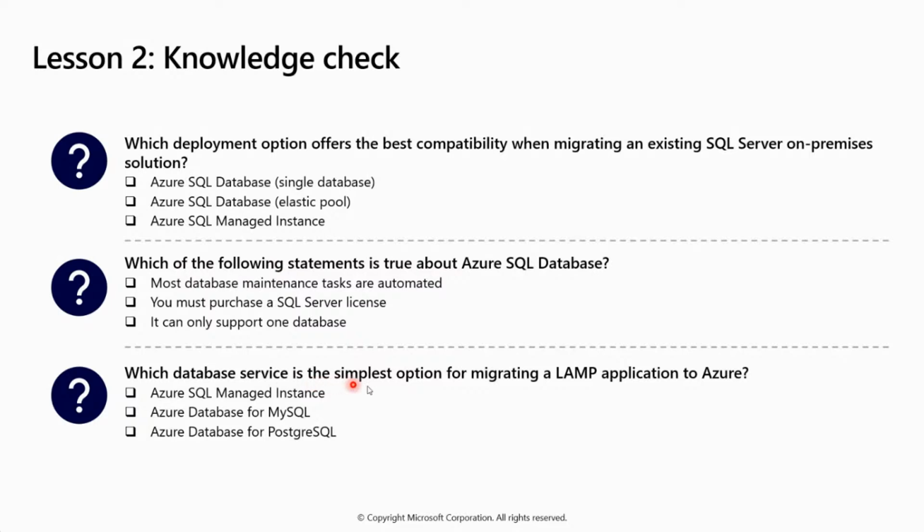And which database service is the simplest option for migrating a LAMP application to Azure? I will pause for a minute here. Okay, the answers: managed instance for migrating, database maintenance tasks are automated, and the simplest database service is MySQL.